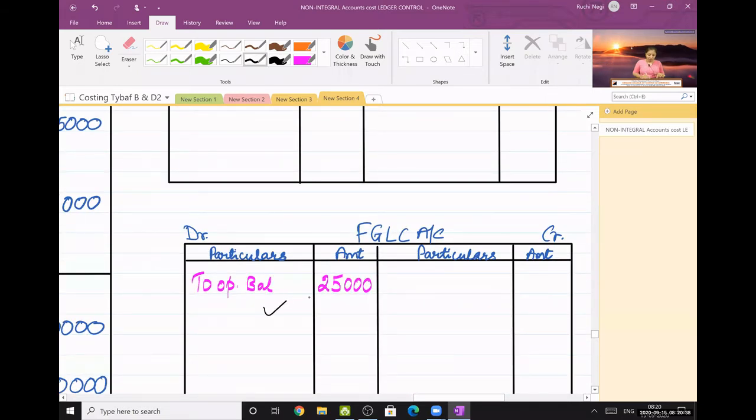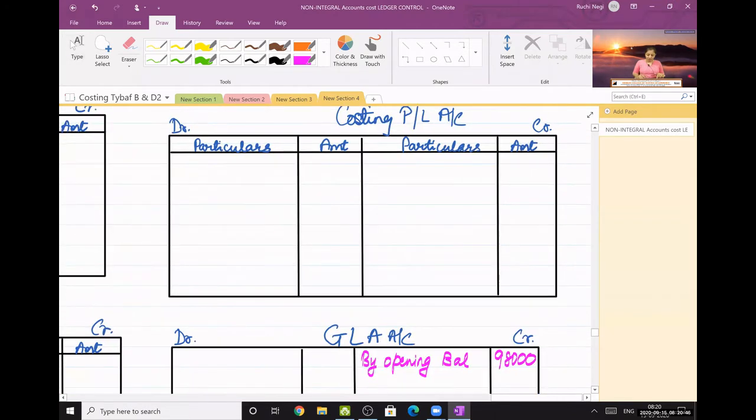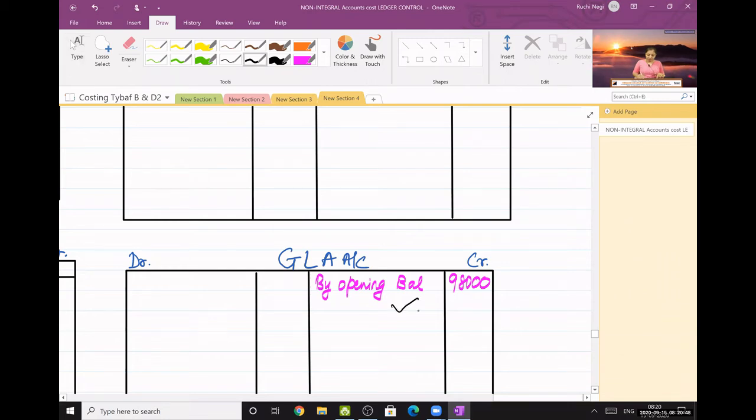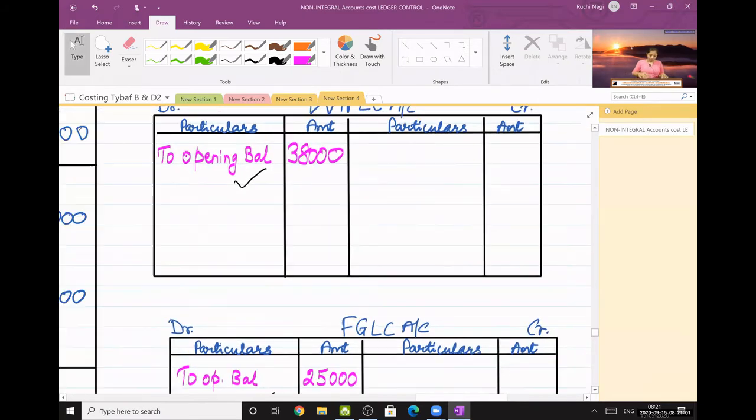Finished goods opening balance 25,000. And then GLA opening balance on the credit side 98,000. So these opening balances obviously given in the question under opening trial balance.